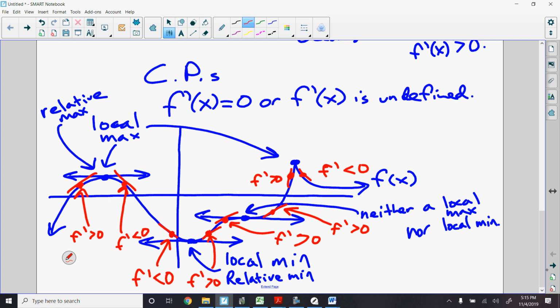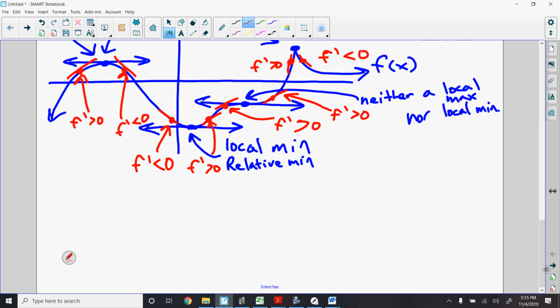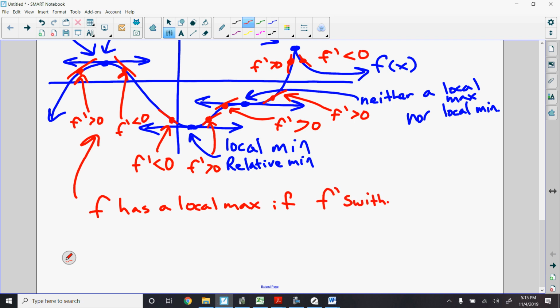Let's start with local max. That's this one right up here. F has a local max if f prime switches from positive to negative.